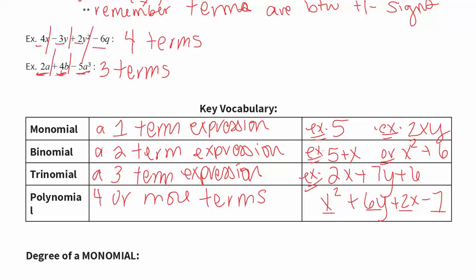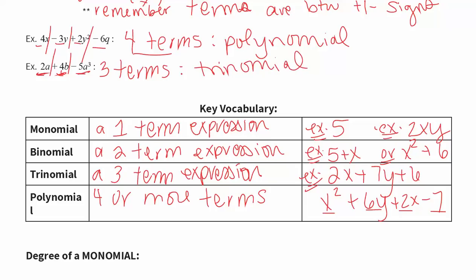And if I go back and look at these examples on the top of my screen, I have 4 terms, so that I would classify as a polynomial. If I look at the second example, I have 3 terms, which is classified as a trinomial.